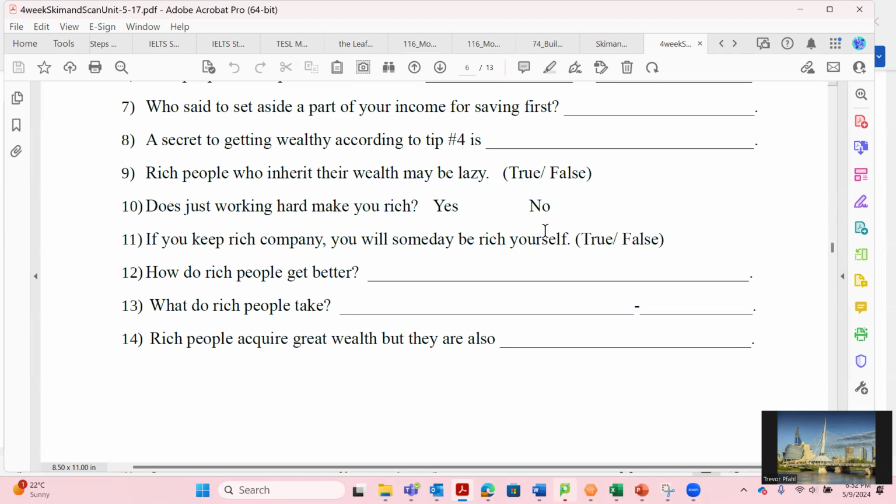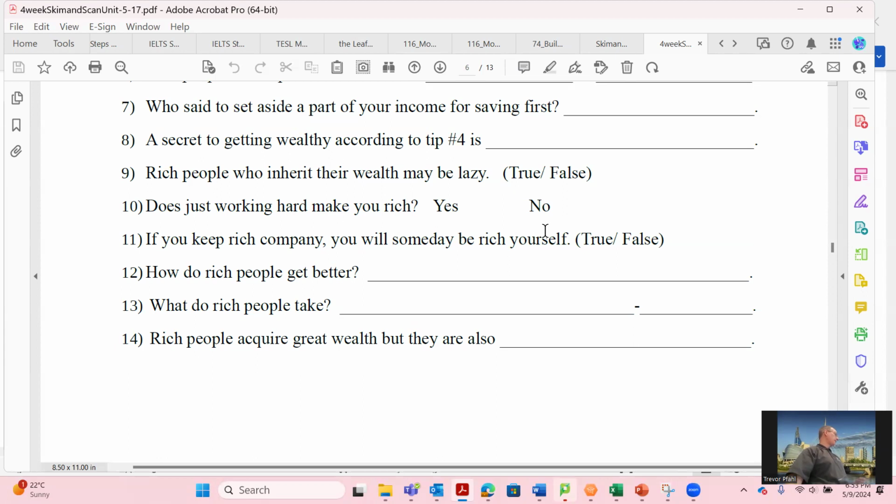There are millions of people that work 15, 16 hours a day. They're not rich. So the reality in the world is that just hard work is not enough to make you rich. There are other things we need, and that's what this article is trying to explain. We need goals, different activities, focus, spending less. All of those things combined help you become rich. But just hard work will not by itself.